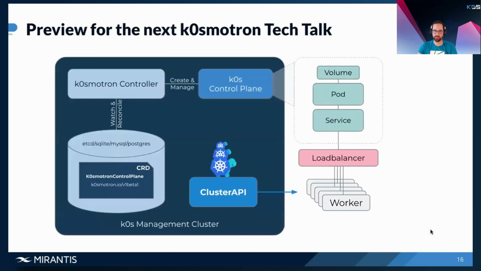But with Cluster API, the provisioning of all those worker nodes can be automated. So a very convenient way to create Kubernetes clusters, because what we do is create a bit different CRD, which is called k0smotron control plane.